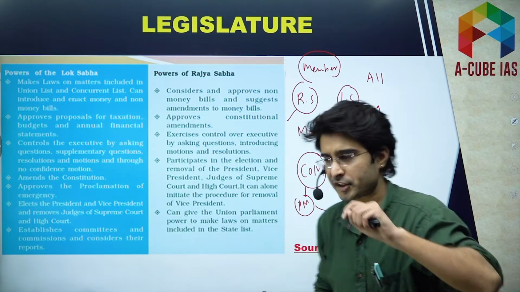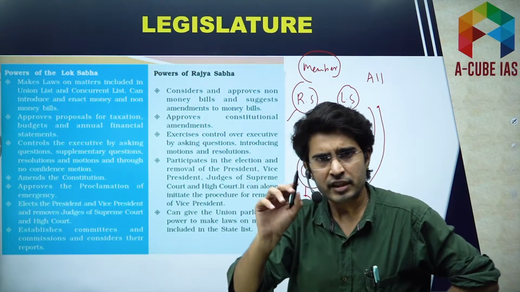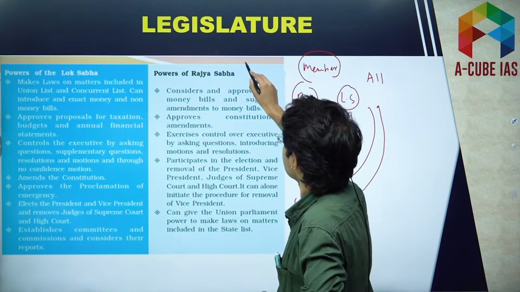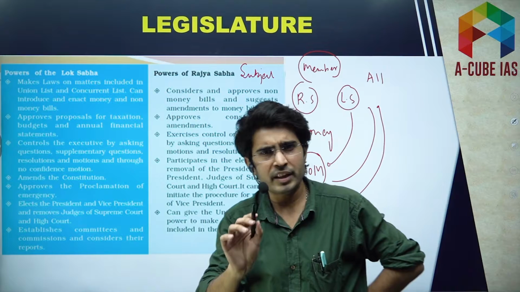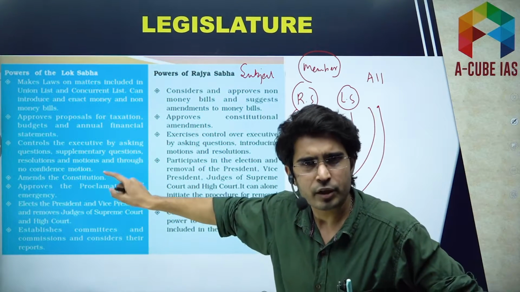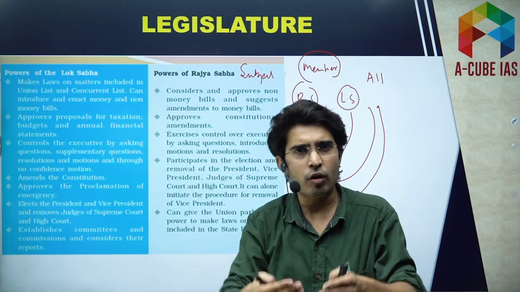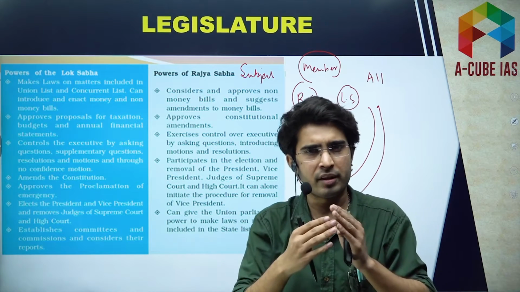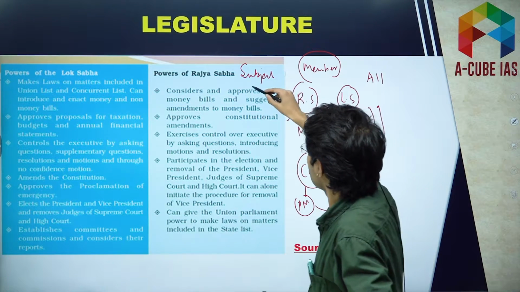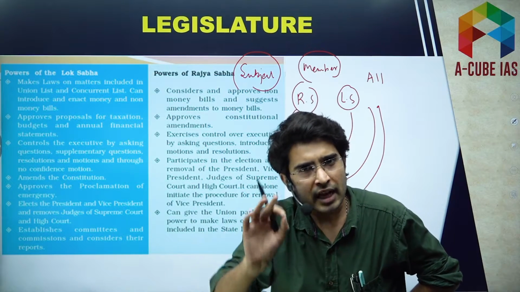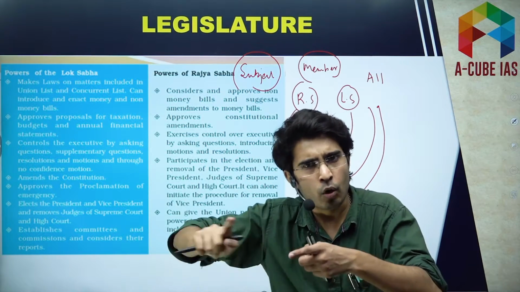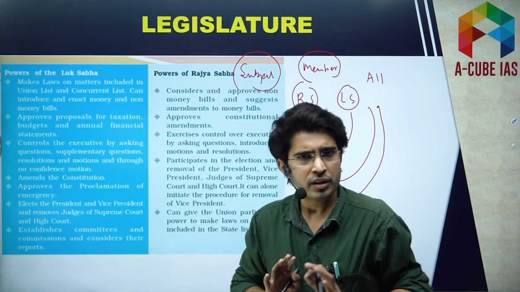And there is one more fact. Suppose there is a subject in the state list, and Rajya Sabha thinks that this subject should become a subject of national importance. It means this subject should be included in the union list, and the central government should be forming the law on this particular subject.